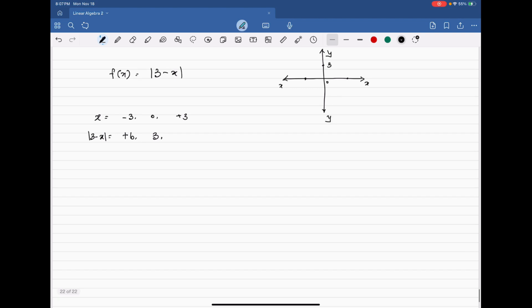When x is equal to plus 3, then it will be 3 minus 3 is equal to 0. You understood? At minus 3, it will be plus 6. And at 0, it will be 3. And then at plus 3, it will be 0. That means the graph will be like this.